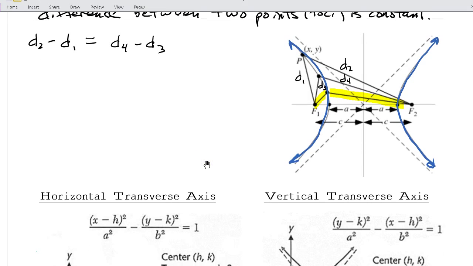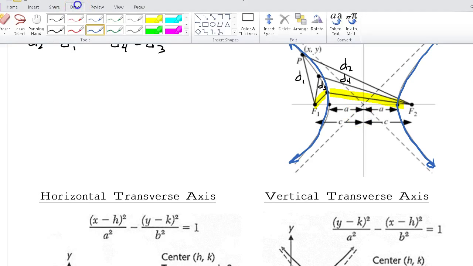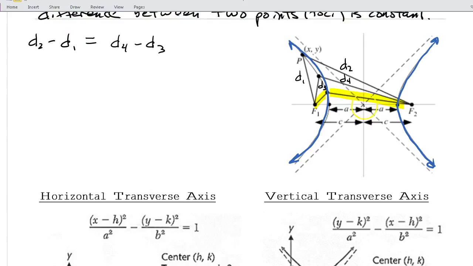Let's point out some of the other stuff in here. We've got our center right here in the middle again. In this particular example, it's at the origin, but it won't always be. Our center again is going to be (h, k), just like it was for ellipses and circles.